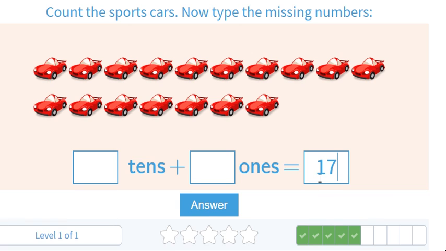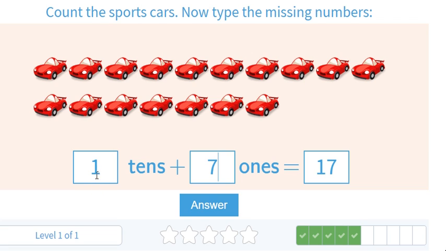and 7 ones. So I know, because I've done this 5 times already, that the number 17 has one group of tens. And let's check. We have 7 ones in the number 17. So let's put a 7 here. And when I look at this number and I put these numbers together, it should look like the number 17.